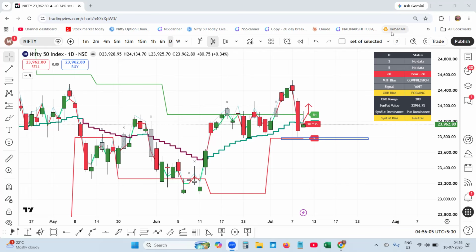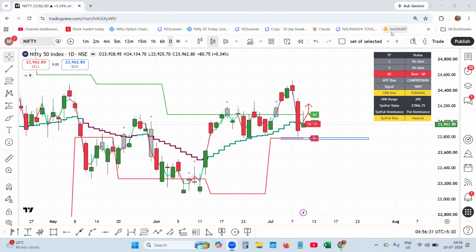How does synthetic future help option buyers? This is where most retail traders can improve dramatically. Many traders buy a call because price is moving up. Many traders buy a put because price is moving down, but they ignore what option traders are pricing. Suppose Nifty is falling and everyone becomes bearish.